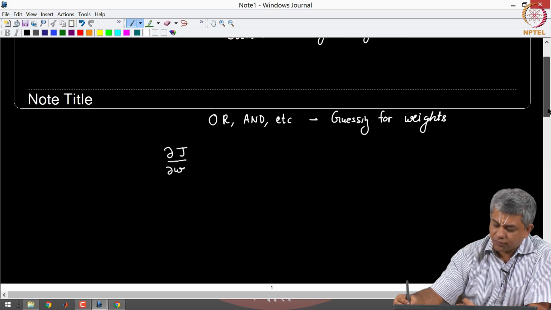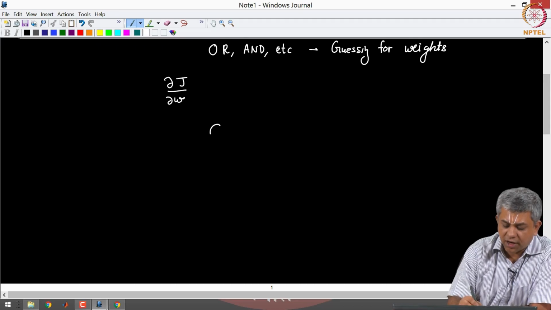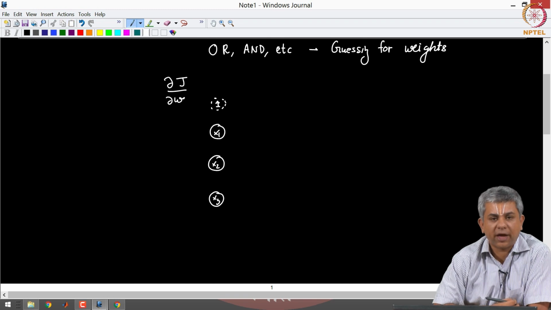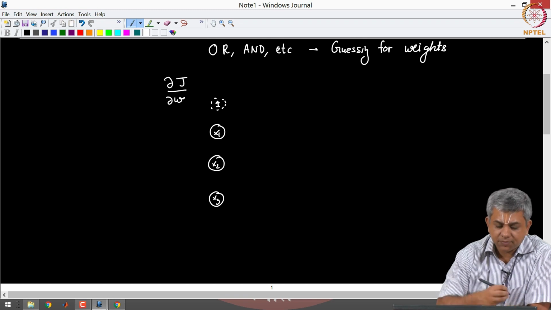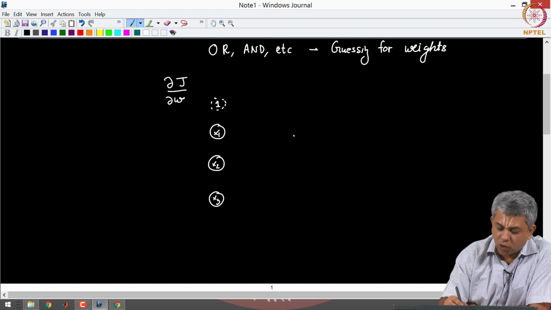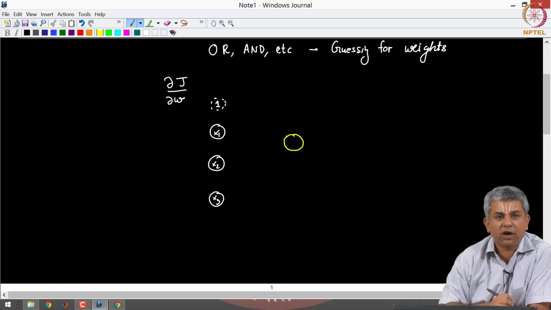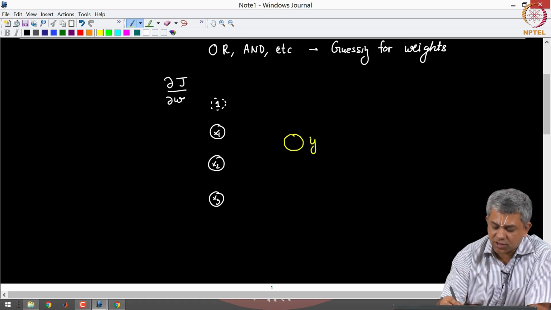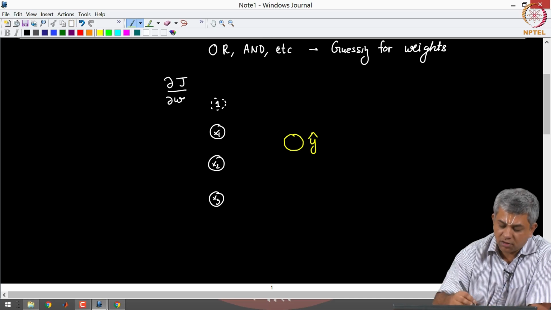So remember, for logistic regression we are dealing with input nodes as usual x1, x2, x3, and we can have our usual bias unit sitting there. We have one output. Why only one output? Because this is binary classification. So the output is either going to be 1 or 0, or in our prediction case y hat, which lies between 0 and 1.